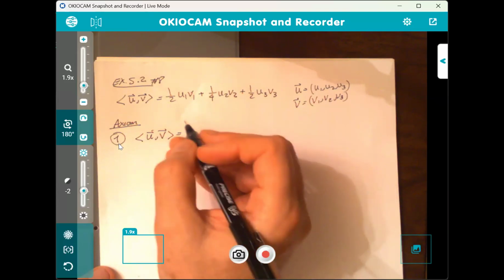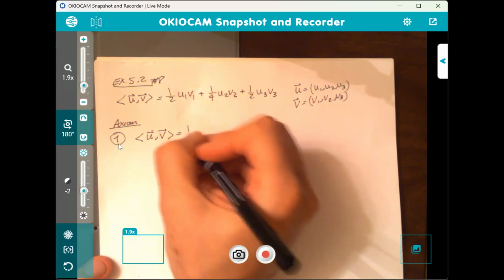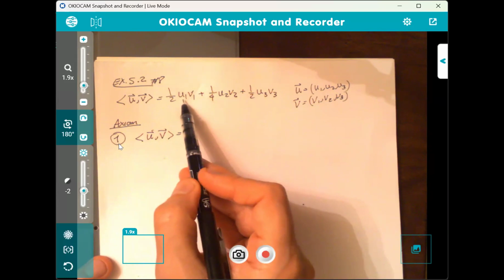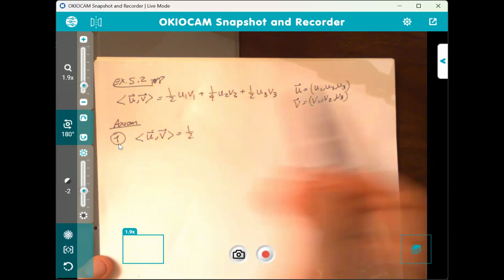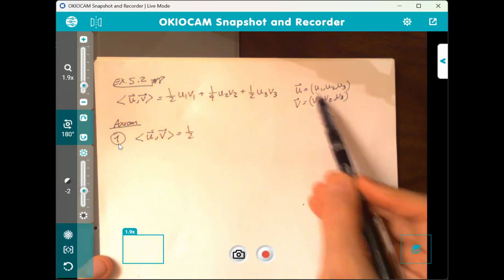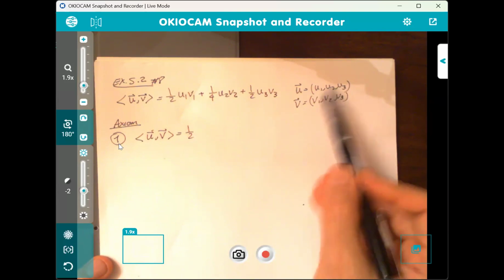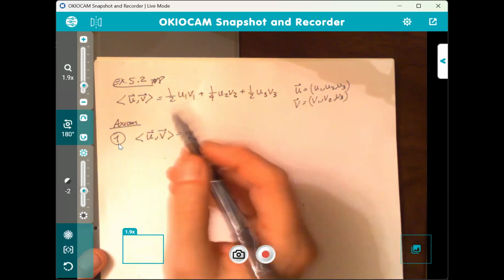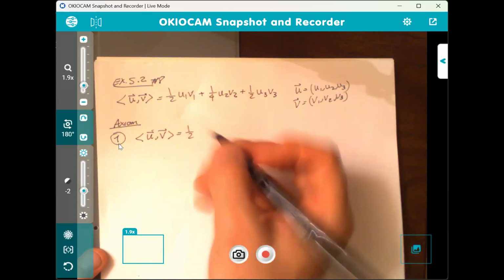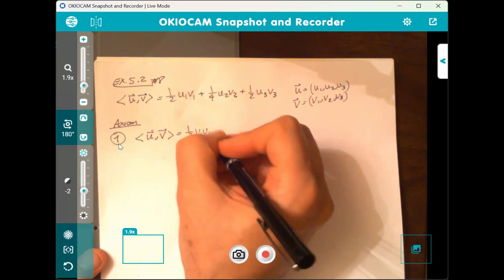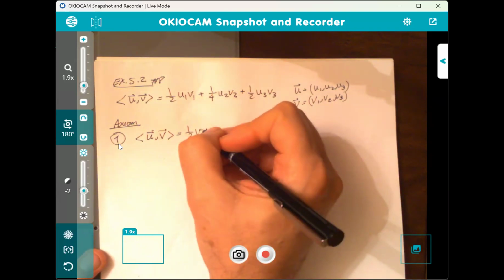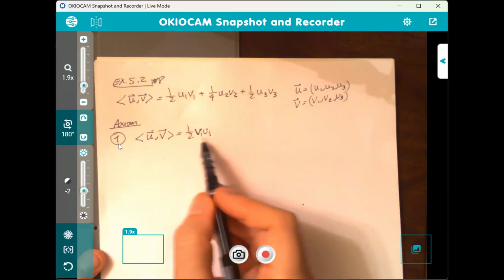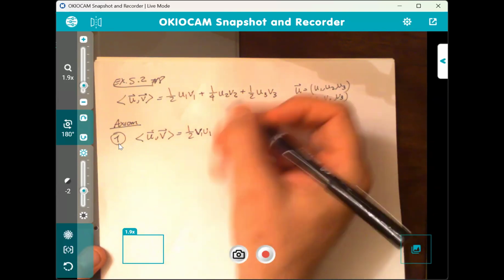So U, V. Now the components are scalars, right? U1, U2, U3, V1, V2, V3. These are scalars, these are constants. So if I have U1 V1, by the commutative property of multiplication, I can write it as V1 U1. Please make sure that you write these properly so visually you don't get distracted.